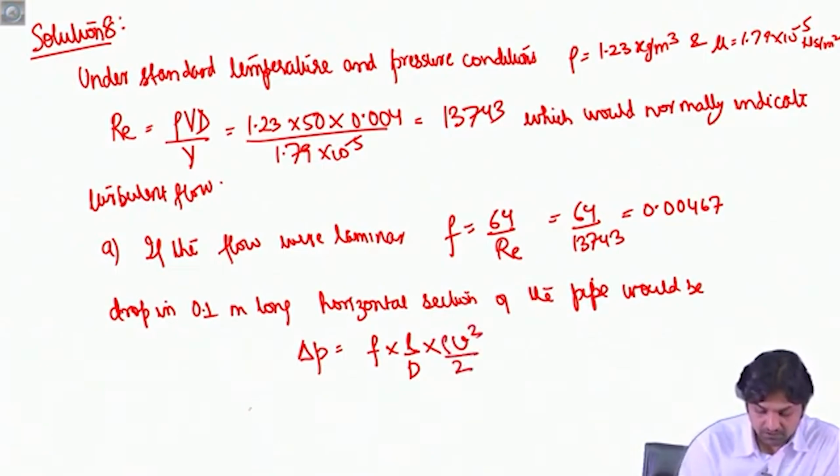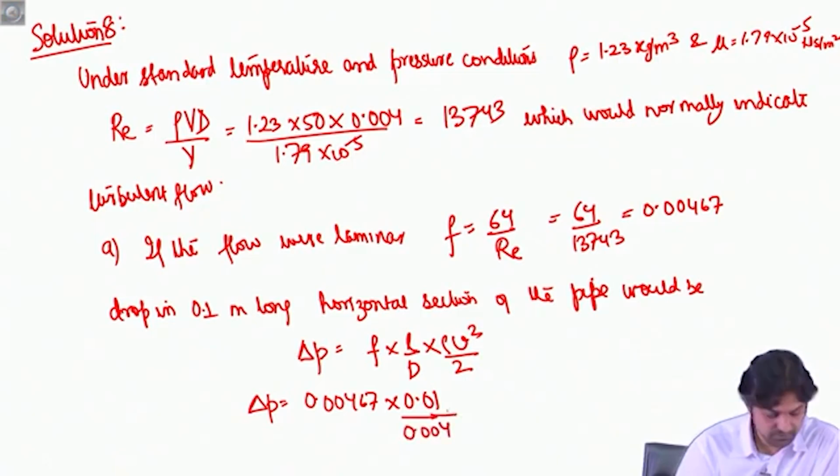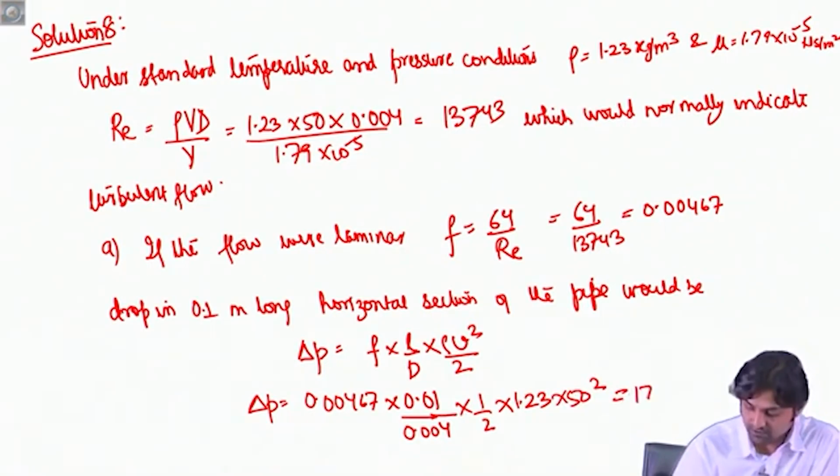All right. So, delta P is going to be f is 0.00467, length is 0.01, diameter we already know, 0.004, into half into rho is 1.23 and V square is 50, and this is going to be 179 Newton per meter square.